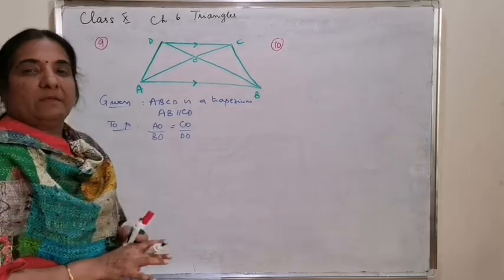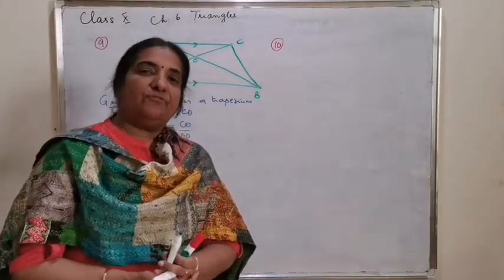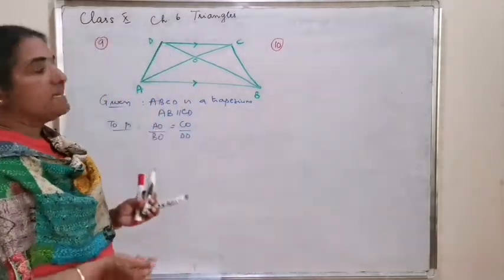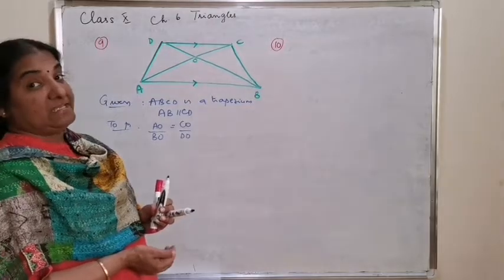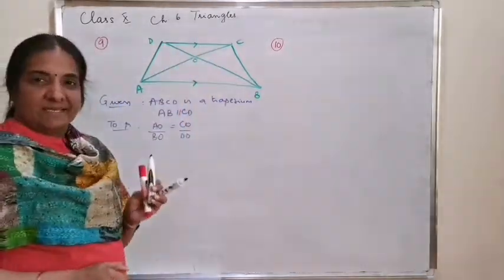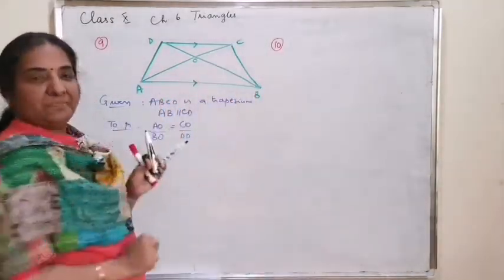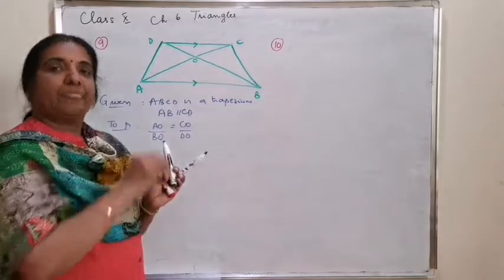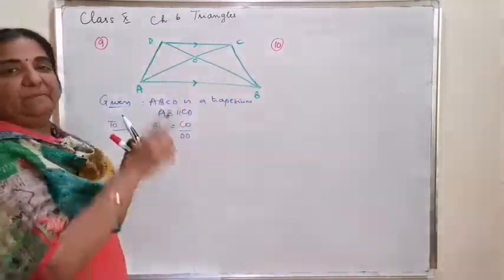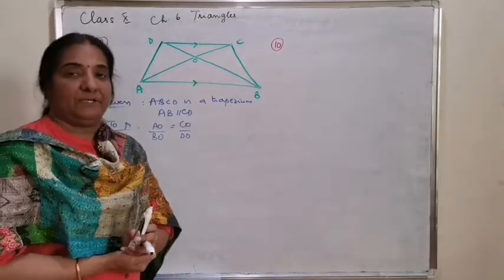Now, the basic proportionality theorem is always applicable for triangles. So, which are the triangles you can see where the base can be considered as AB and CD: triangle CAB, where the base is AB, and triangle BCD, where the base is CD. But where is the line parallel to it?